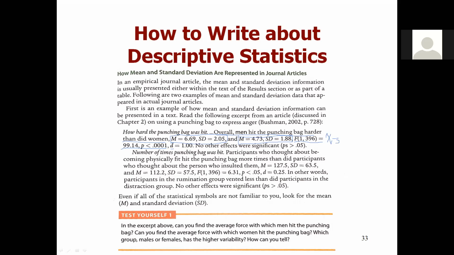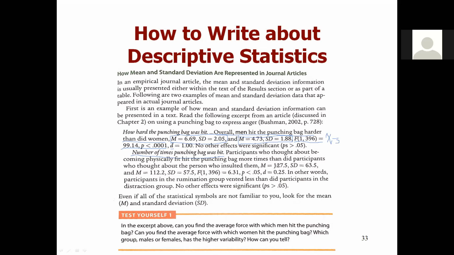Now they go on with the second part of the description of the results, in this case, number of times. Okay, look again at the format. Participants who thought about becoming physically fit hit the punching bag more times than did participants who thought about the person who insulted them.